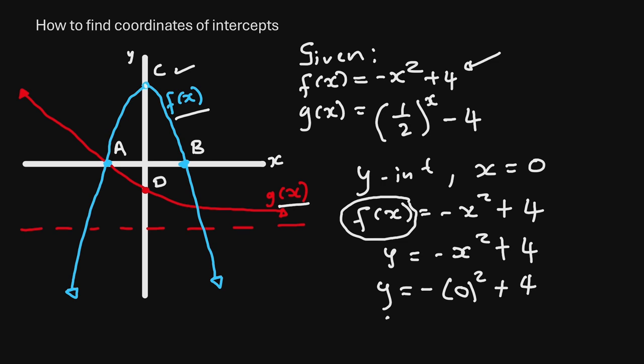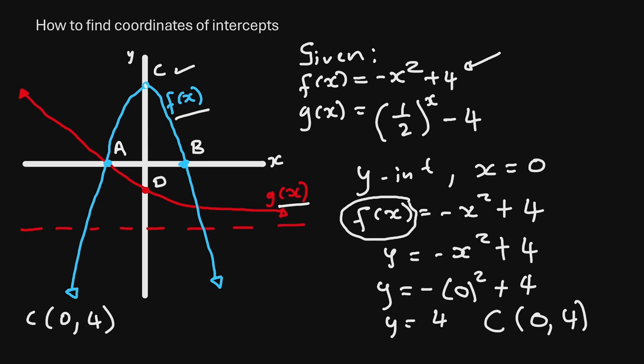We find this y-intercept to be positive 4. This means the coordinates of c are where x is 0, y is 4, because c is the y-intercept of our f at x function. So firstly, we have solved that the coordinates of c are (0, 4).